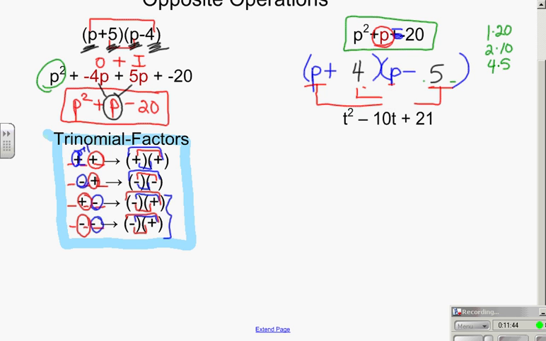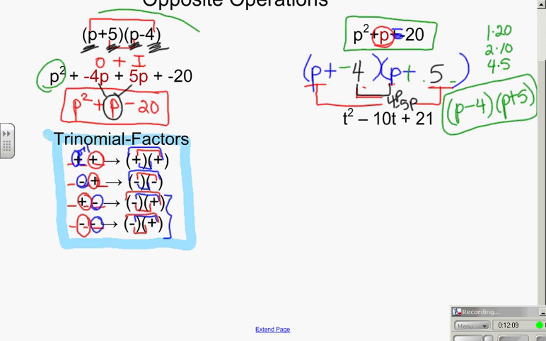And then we would put 4 and 5, and when we check that, we have 4p minus 5p. We have minus 1, so we're very close. And when you have the right number and the wrong sign, all you have to do is go in and change the signs. And so this, in fact, becomes p minus 4 times p plus 5.